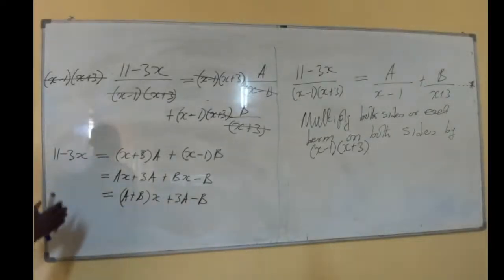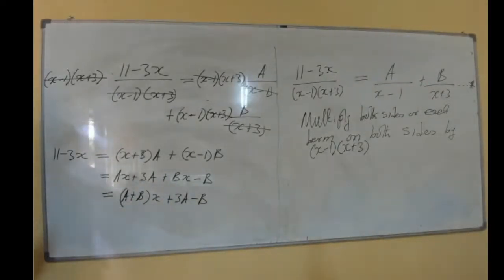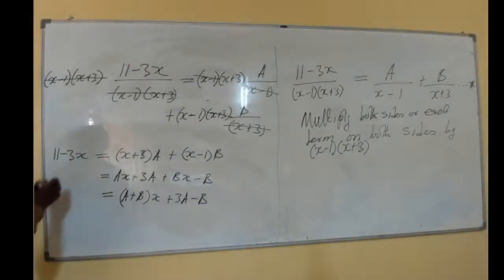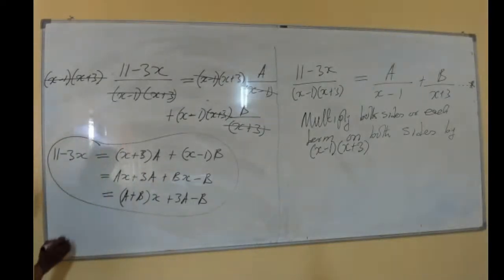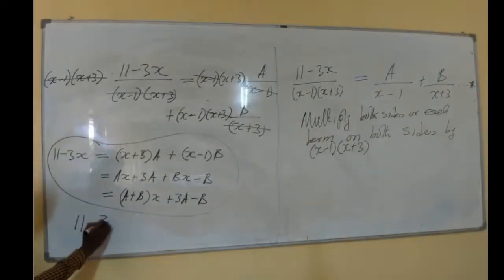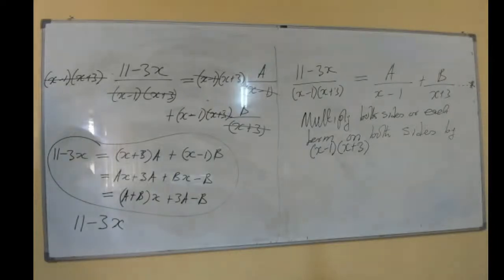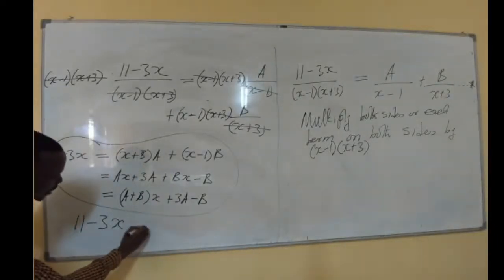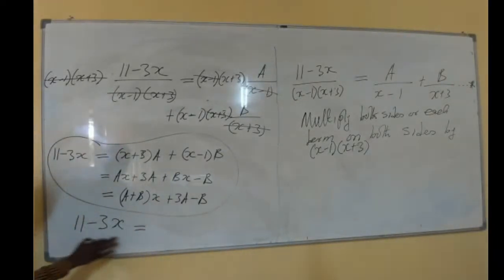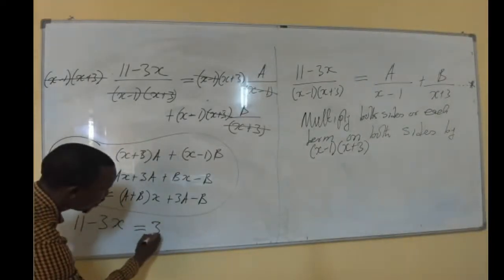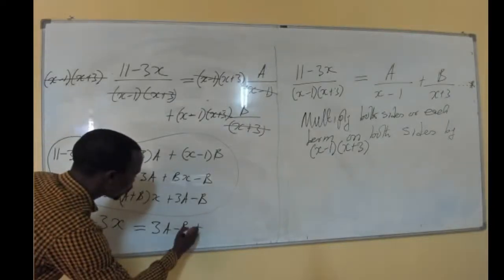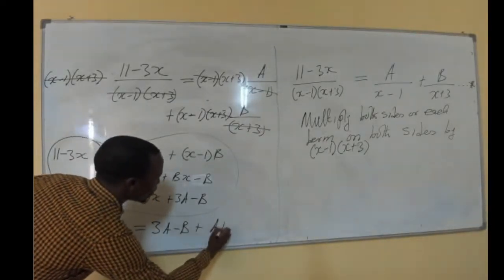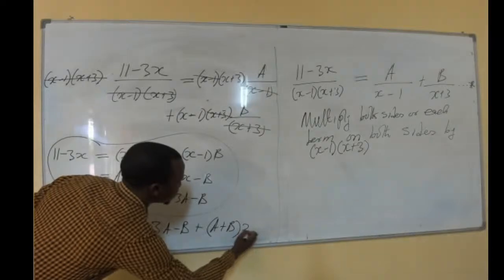So we have 11 minus 3x is equal to 3a minus b, plus a plus b, then x.